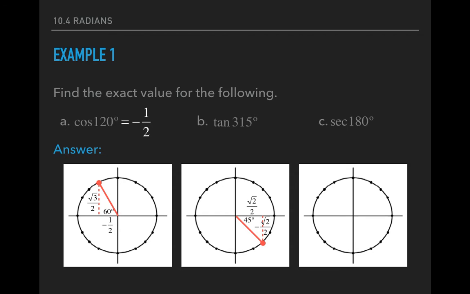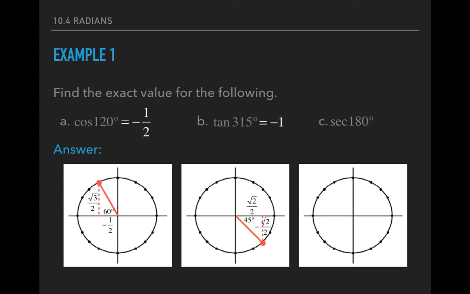Now, what is tangent? Tangent is really the ratio of sine over cosine. Tangent is sine divided by cosine, so that's going to be square root of 2 over 2 divided by itself, which is 1, but because the signs were different, we're talking about negative 1.